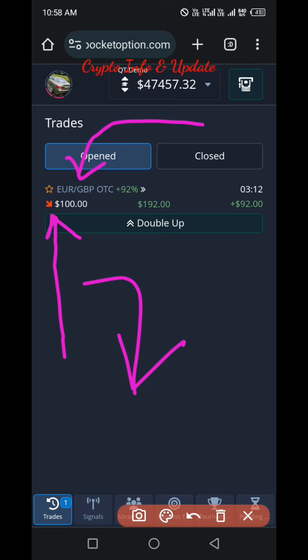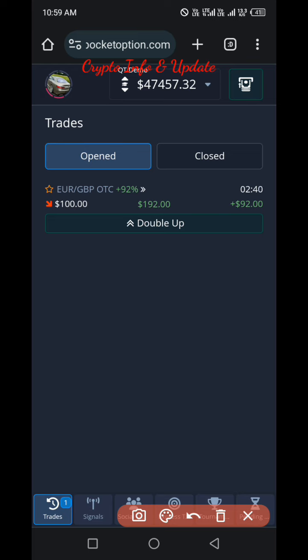Now there is a third thing that changed. What changed next? I will talk about it when I open a fresh trade. Let me just allow this trade to run. I want to open a fresh trade and talk about that one. I want to illustrate that aspect very well so that you take note of the changes. Don't forget what I said initially when I started this tutorial. I said the primary function of the rollover feature is to enable traders extend their expiration time.